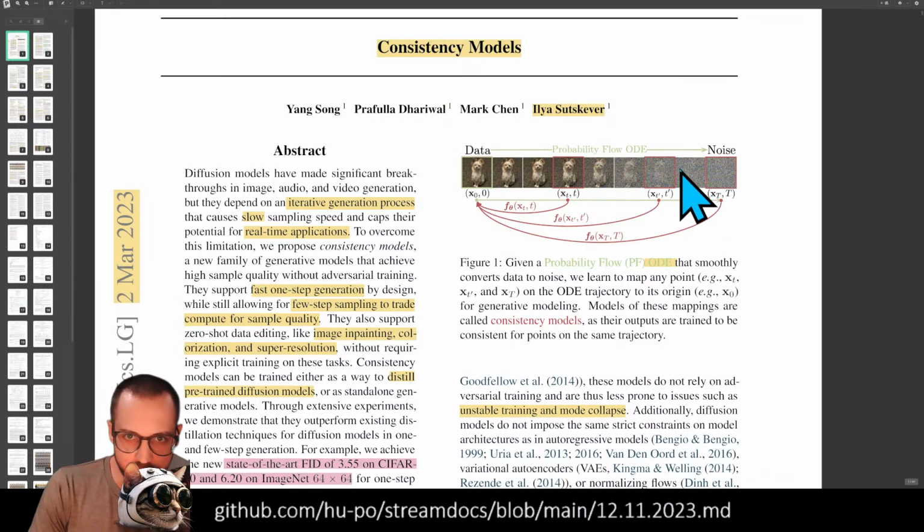So if you were to actually look at the individual values of some of the pixels here, they wouldn't go straight from the noise value down a straight path all the way to the final pixel color of this dog, right? It would go through a couple, maybe get a little bit darker, get a little bit lighter, get a little bit darker, get a little bit lighter, right? It's going to move in a way that's not necessarily super fast and optimal.